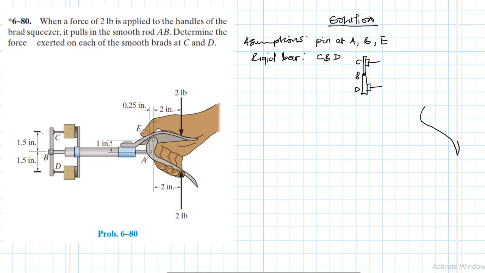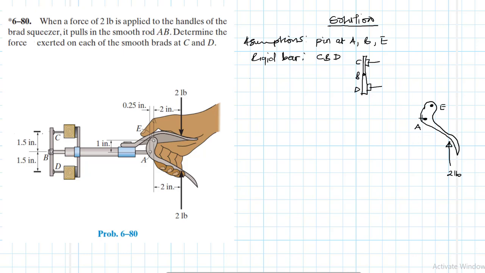All right, so let's say I have a pin there. This pin is pin E. And then let's say I have another pin here. This pin is pin A. And then let's say I have a force here. This force is 2 pounds.